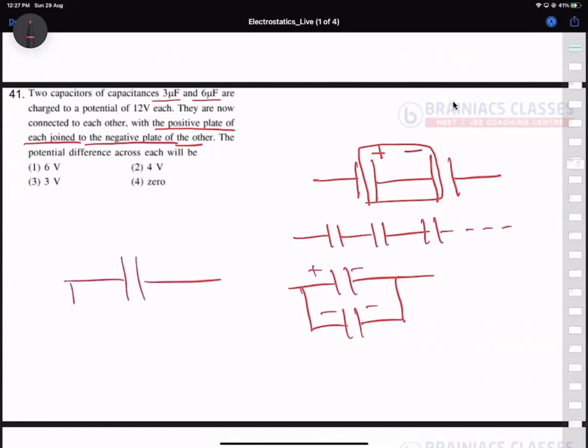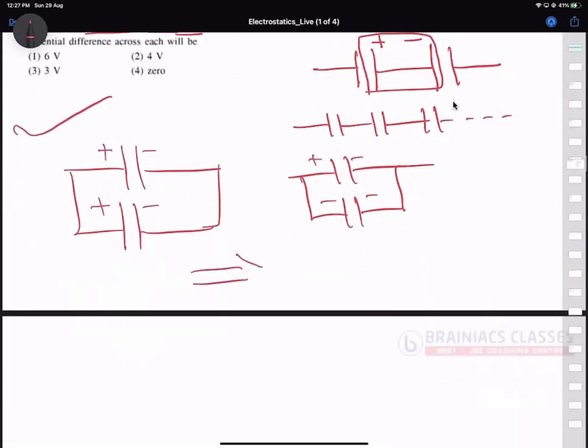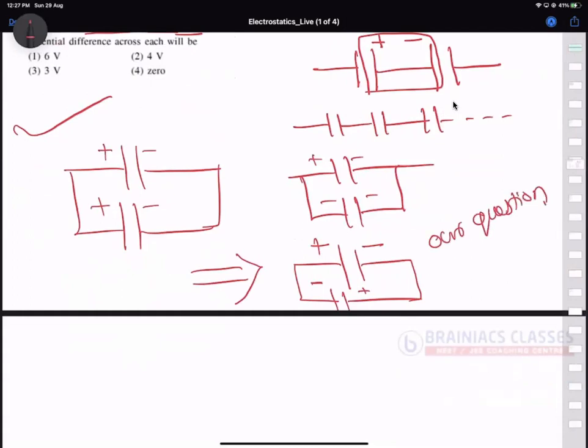So the expected connection is positive, positive, negative, negative. But what the question has given is that the positive of one is connected to the negative of the other. So this is our question.